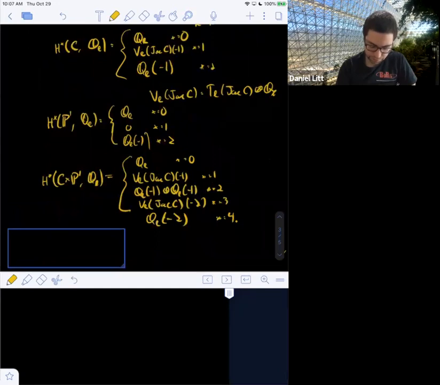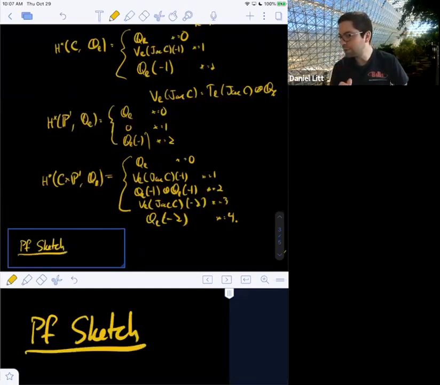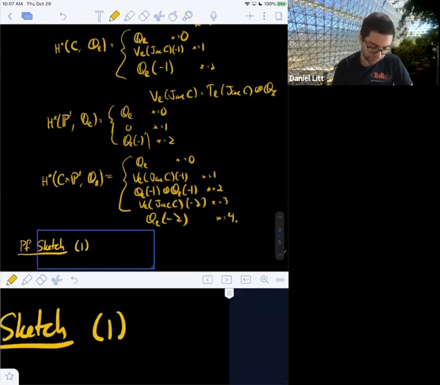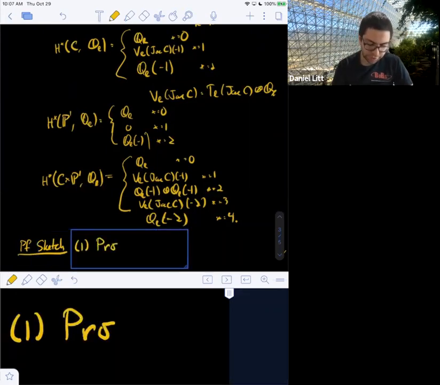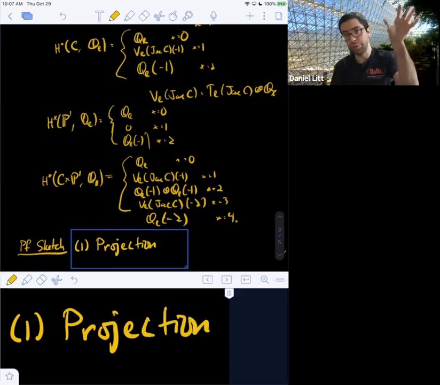Okay, great. Okay, so now let me skip the proof. All right, so step 1 is the projection formula. So basically we're going to try to use the Leray spectral sequence. So we want to compute something on X times Y. We can compute that by projecting to X and then projecting to the point.